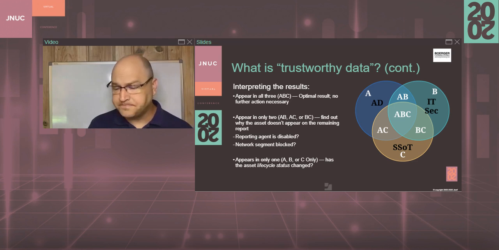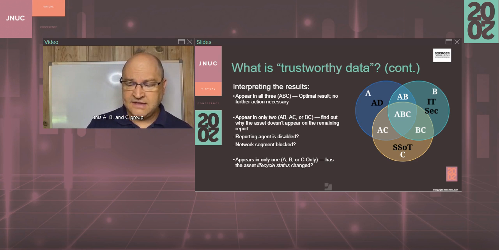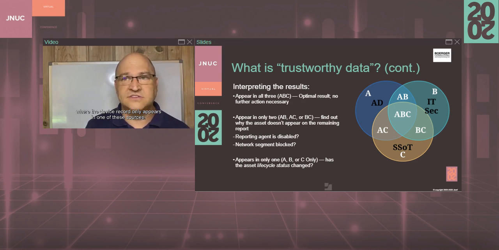So watch out. Then you've got this third tier, this A, B, and C group, where the device record only appears in one of these sources. Usually that indicates a change in the environment or the life cycle of that device. Somebody more than likely has removed that device or changed its configuration in some way, and the sole identifier just hasn't caught up to the change yet.